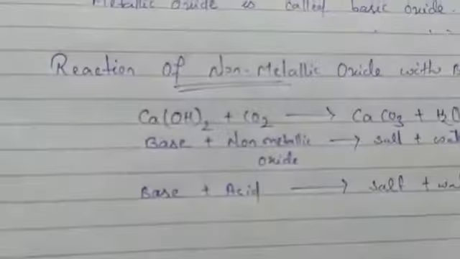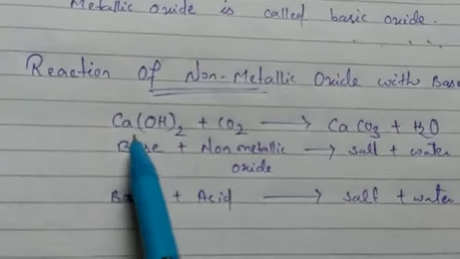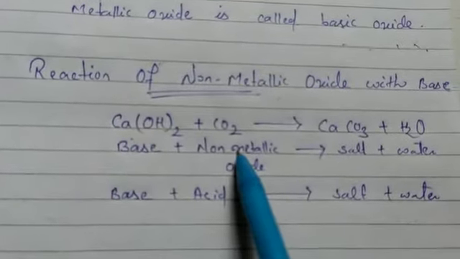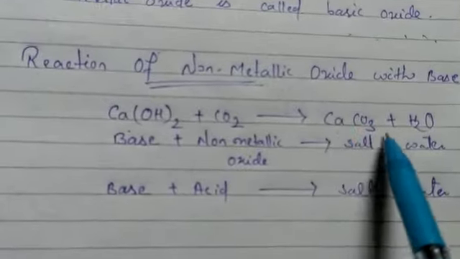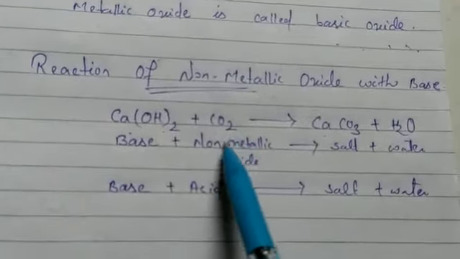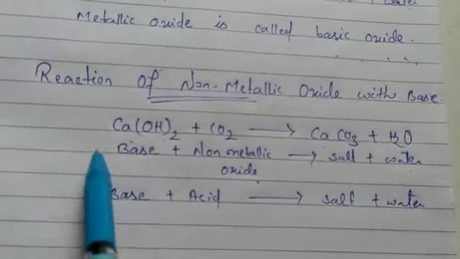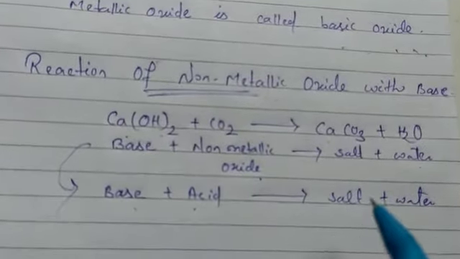Now let's take the reaction of a non-metallic oxide with a base. An example is calcium hydroxide reacting with carbon dioxide to give salt and water, that is, calcium carbonate and water. Calcium hydroxide is a base here, and carbon dioxide is a non-metallic oxide. This reaction is also similar to the reaction of acid and base, which gives salt and water.